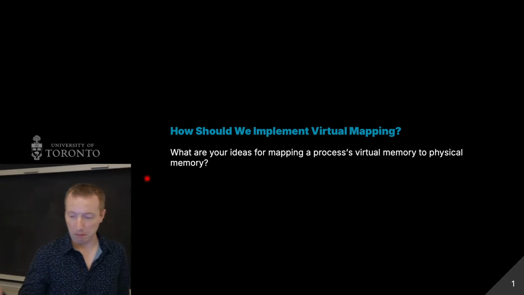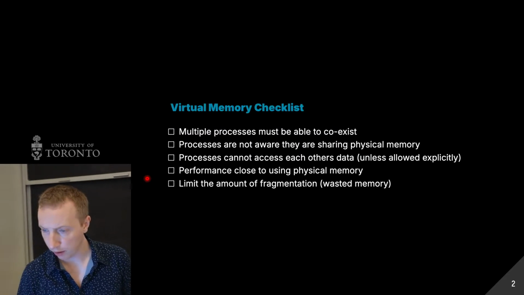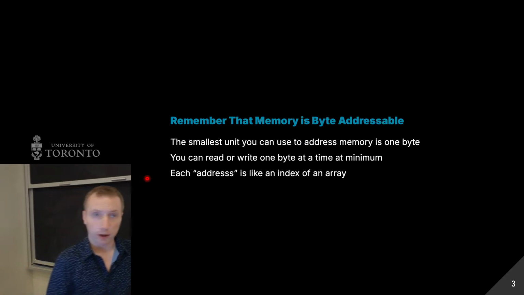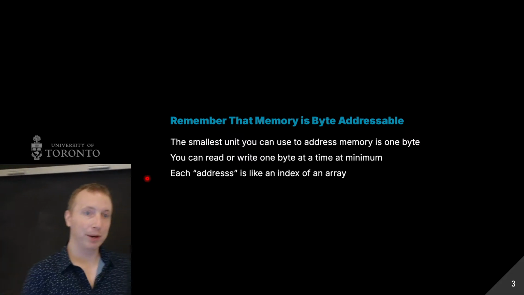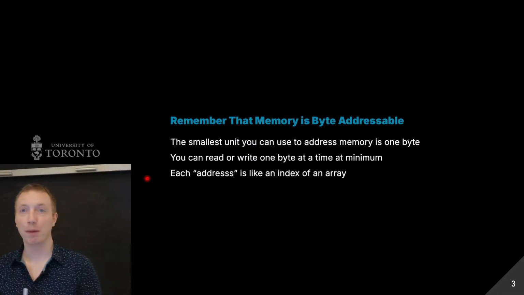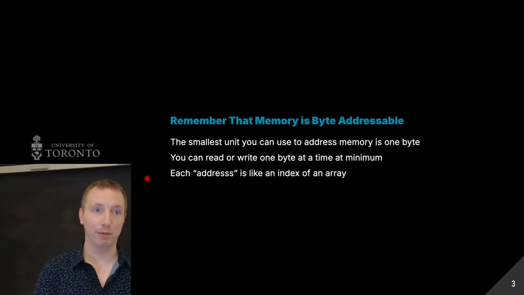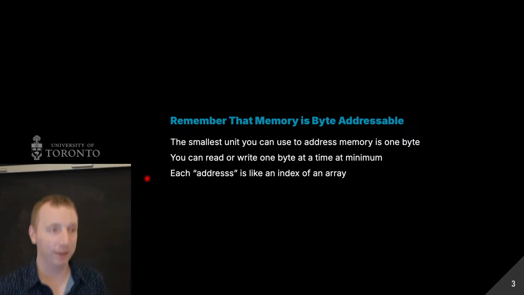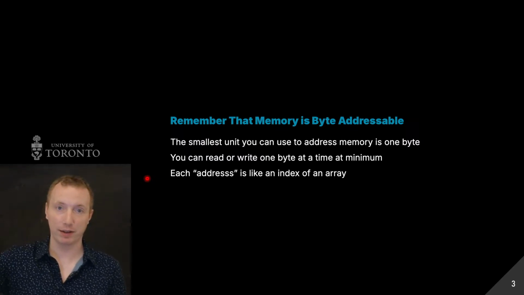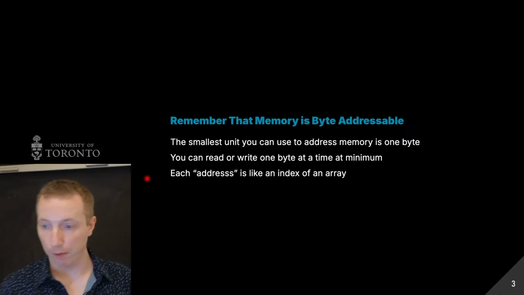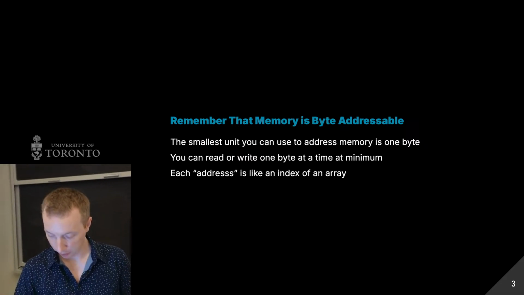So we had some ideas. Let's go into one of the first ones. And again, every year people get very confused about memory. Just always remember, memory is byte addressable. So the view into memory is like a giant array of bytes, and an address is just an index into that array. The smallest unit you can use is 1 byte.